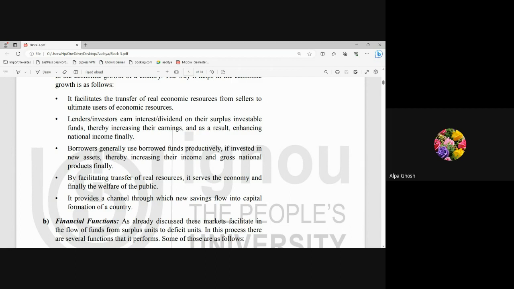If we have more and more investment opportunities, we are able to attract the investors to put their amount from savings into investment. So we are going to create a flow of money in the economy. Otherwise, it will be stagnant. We have savings, we have surplus, but if the surplus is not taken out from the houses, from the individual sectors, then it is of no use. So what is important? The flow of funds, the movement of funds has to take place.